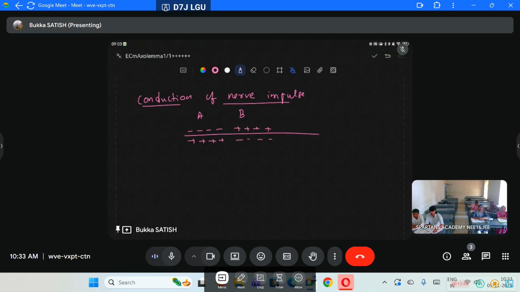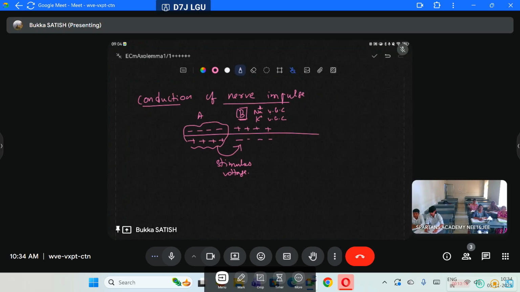As we know, in the B region there are Na plus voltage gated channels, and in the same way K plus voltage gated channels. So point A will act as the stimulus for this, which is voltage, of course. This point already has voltage, the depolarized condition, which will act as the stimulus for the next point.